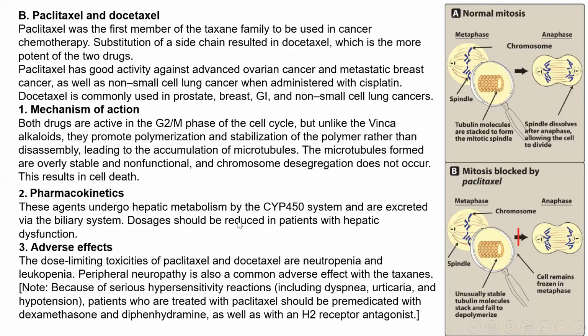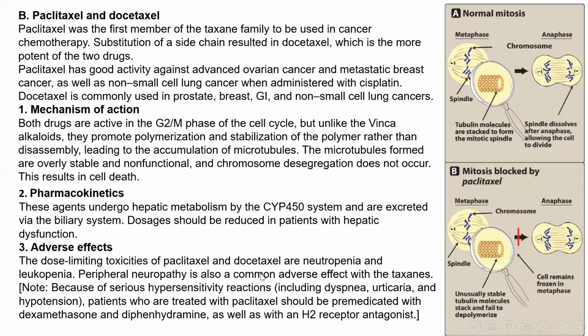These agents are metabolized in the liver and they are excreted by the biliary system, and maybe there is a need for dose adjustment in the presence of hepatic diseases. Adverse effects: the dose-limiting toxicities with these two drugs are neutropenia and leukopenia. Peripheral neuropathy could happen, but it is less common than the two adverse effects, neutropenia and leukopenia.